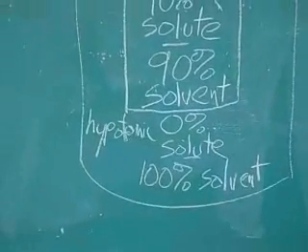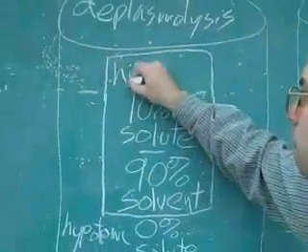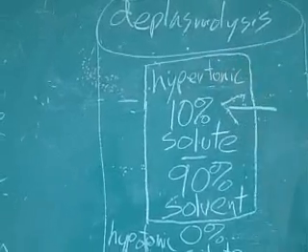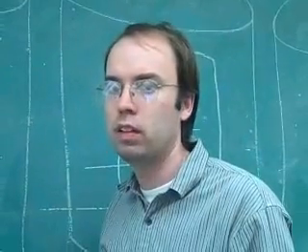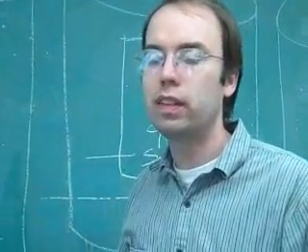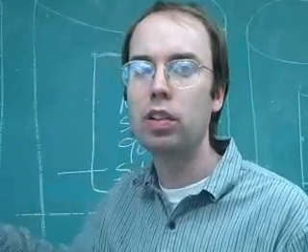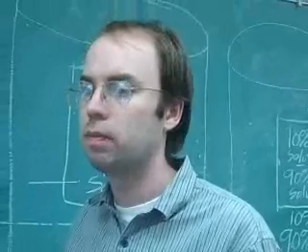Inside the cell you have a higher concentration of solute. So now the inside of the cell is considered hypertonic. Remember, water always flows from where it's hypotonic to where it's hypertonic. Also, you must remember that these terms are totally relative. The same cell could be hypertonic or hypotonic depending on what's on the other side of the membrane.